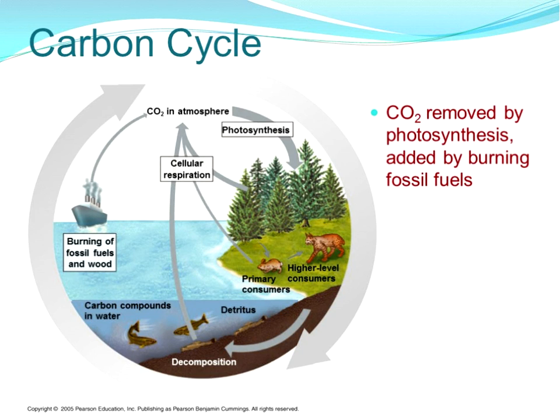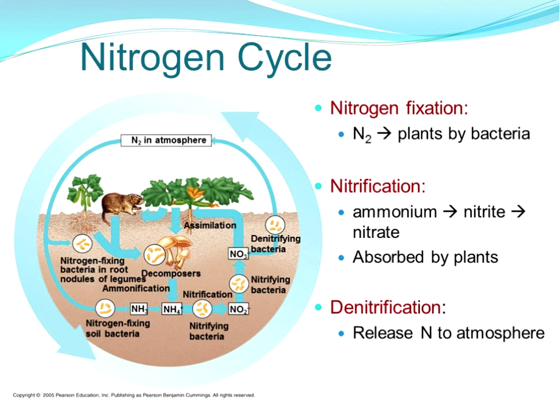And it also can be put back into the inorganic parts of the ecosystem through carbon compounds in water and decomposition. Okay? So it's added to the atmosphere by the burning of fossil fuels and respiration. It's removed primarily through photosynthesis, but also decomposition.